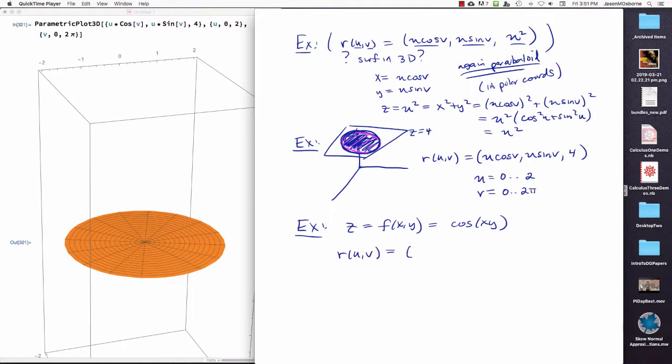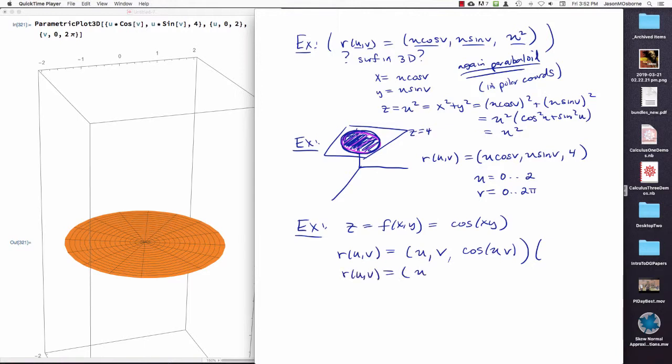You can always let x is equal to u, y is equal to v, and then wherever you see x, put u, and wherever you see y, put v. And so that's always legal. And this would be the parametric form of a surface z is equal to f of xy.